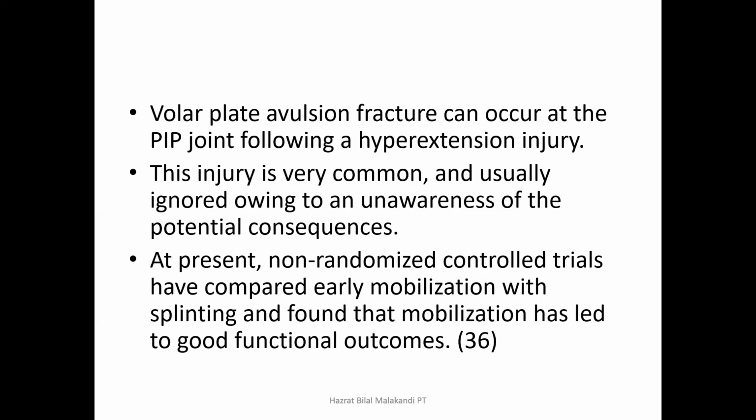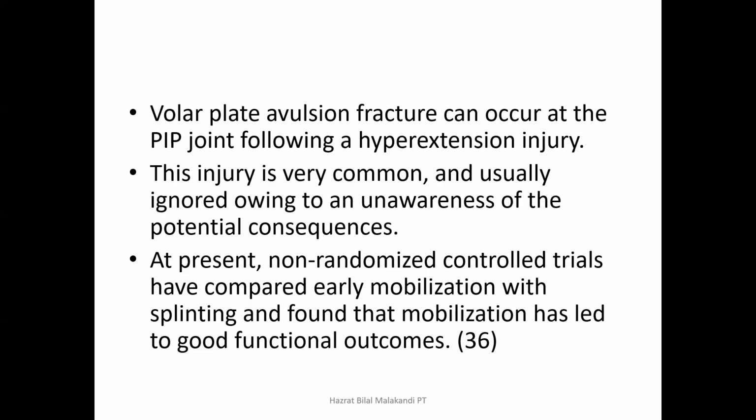So if there is hyperextension, there may be some rupture, as they are present on the volar side. When there is hyperextension on the volar side, meaning the anterior or palmar side, they will be stretched. As long as this energy is under control, the hyperextension will be controlled. But if there is a forceful hyperextension in a very quick time, there will be rupture of the volar side structure, specifically the volar plate.